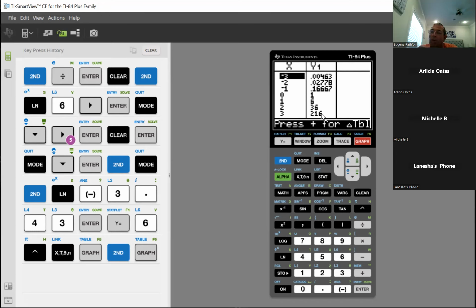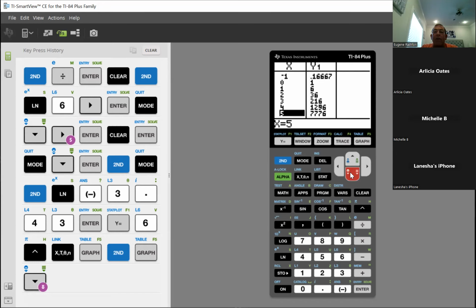Your y value is 216. Look how quick this thing is approaching those big numbers. At 4, you're at 1296. Look how it's increasing. When x is 6, you're already at 46,000 on your y value. So that's how fast these exponential graphs increase, okay?